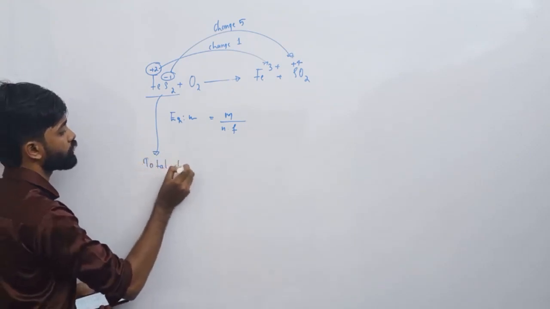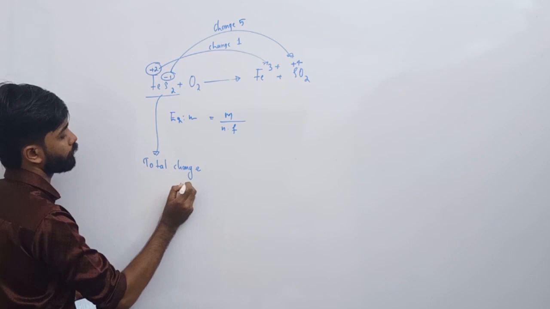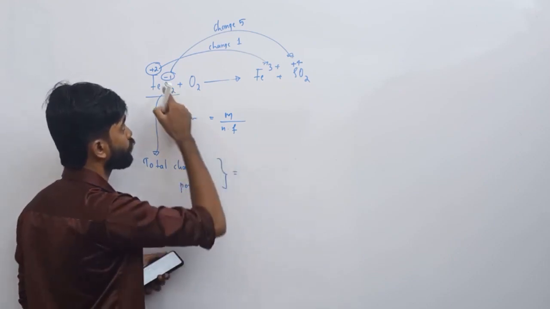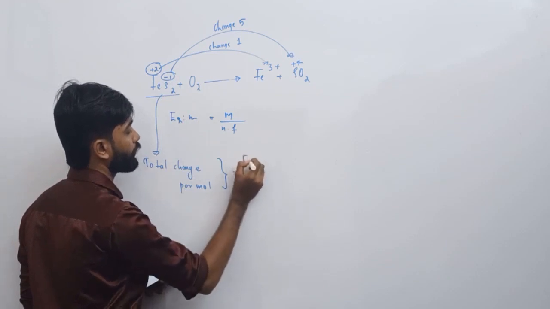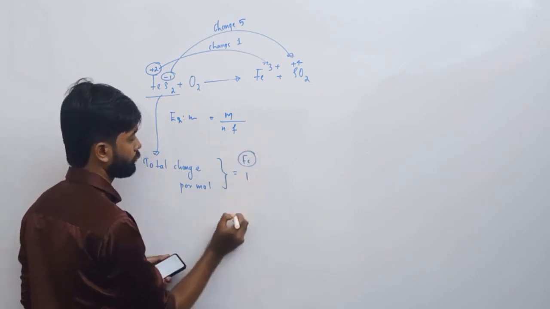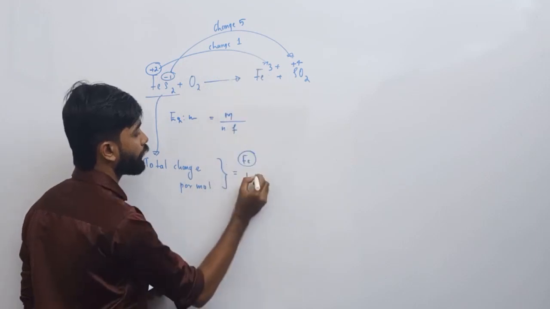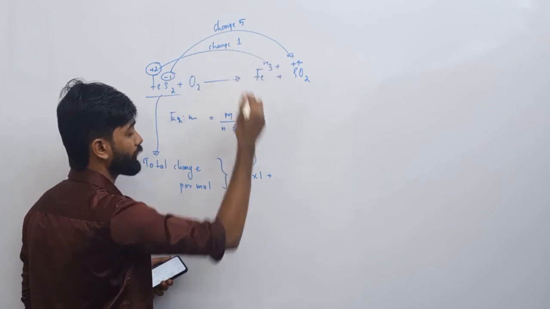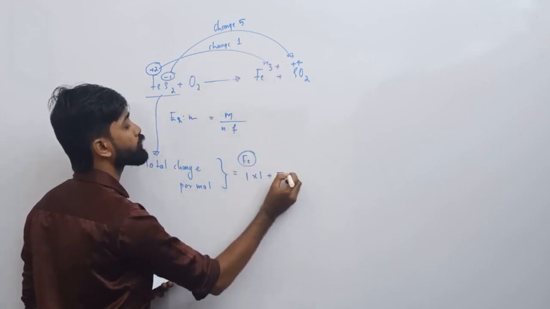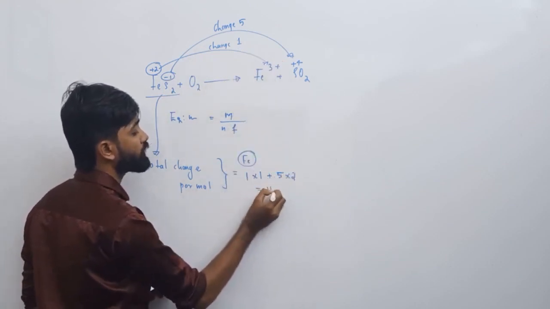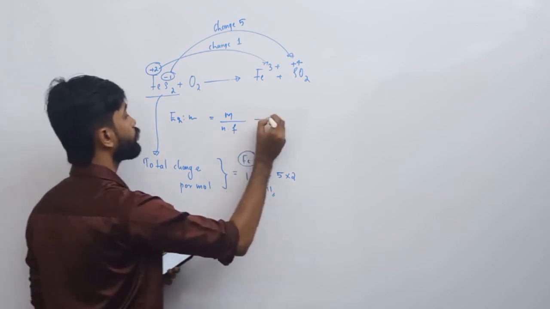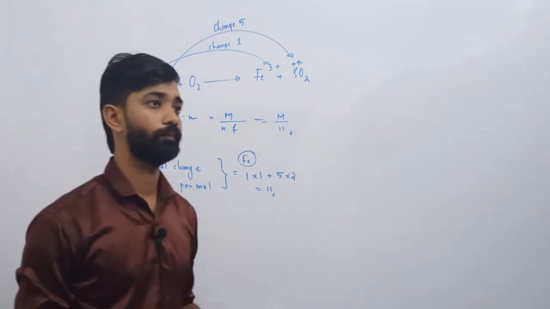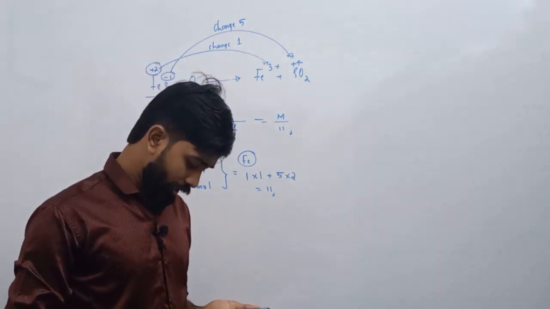Fe has a change of 1 from +2 to +3, and the number of Fe is 1. Sulfur has a change from -1 to +4, that is a change of 5, and the number of sulfur is 2, so the total change is 11. So the equivalent mass will be its molar mass divided by 11. Is it okay? Fine. Moving to the next question.